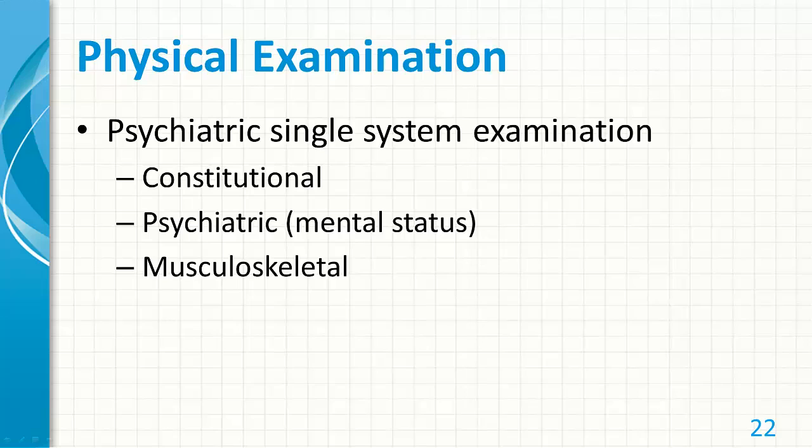Any physician may use a general physical examination or any of the 11 single system examinations designed for various specialties. Child and adolescent psychiatrists should use the psychiatric single system examination, which spans 3 organ systems: constitutional, psychiatric or mental status, and musculoskeletal. Details will be explained in a few minutes.